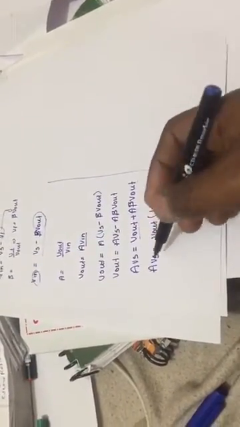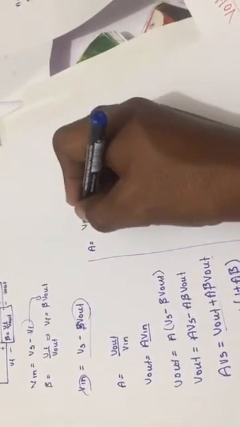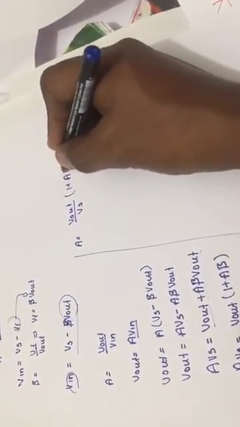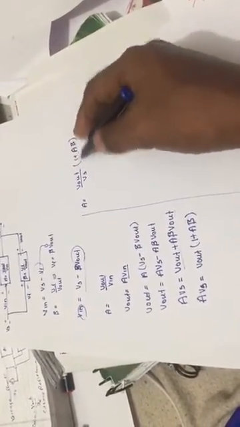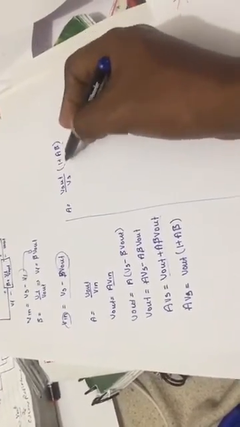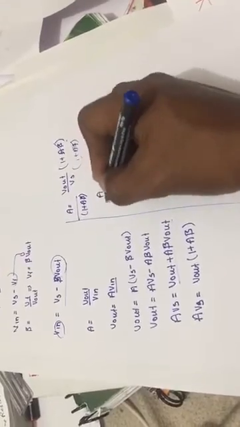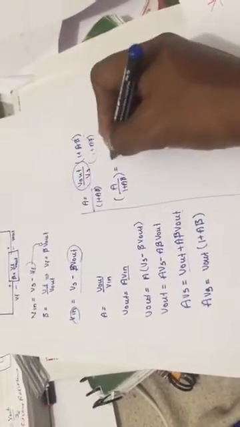Then to get the gain, we divide both sides by Vs, so we get V out by Vs equal to A divided by 1 plus A beta. And this is also equal to AF.